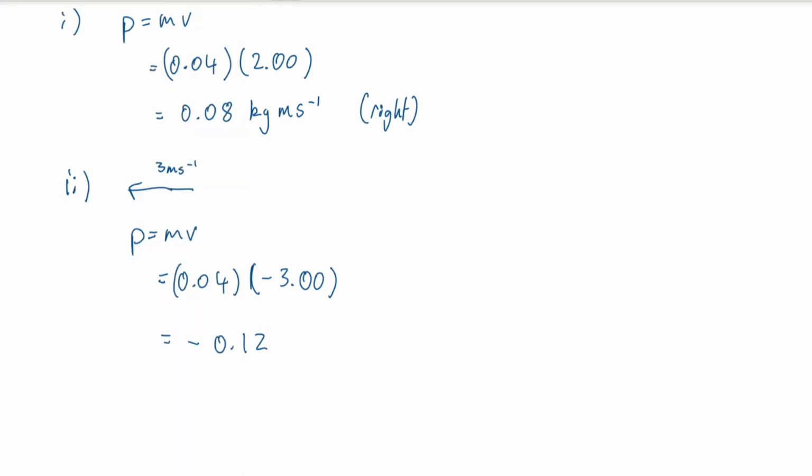Had no reason to doubt myself. Alright, and what are the units? Momentum, kilogram meters per second. So what is the direction? Well, you'll notice the negative sign tells us that the direction is to the left. So its final momentum is 0.12 kilogram meters per second to the left.